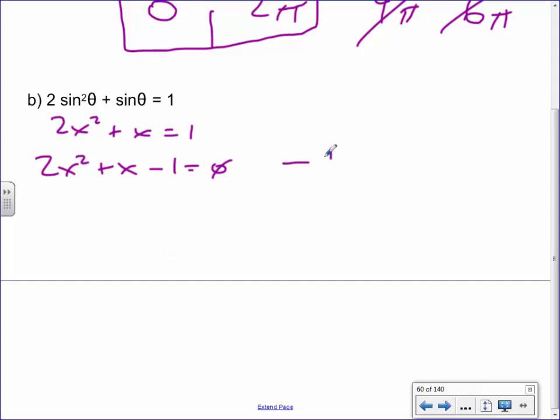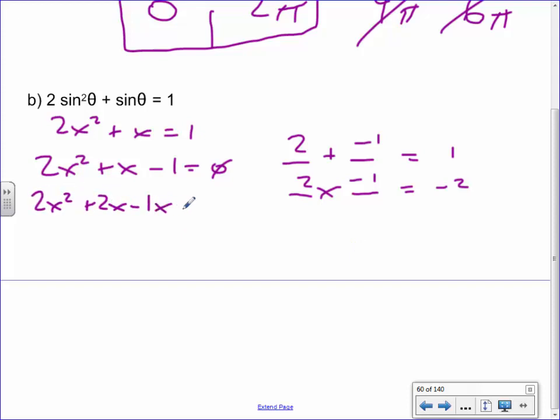So to factor this, I'm going to look for numbers that add to give 1 and multiply to give negative 2. And those numbers are 2 and negative 1. Okay, because of that, I'm going to have 2x squared plus 2x minus 1x minus 1 equals 0.